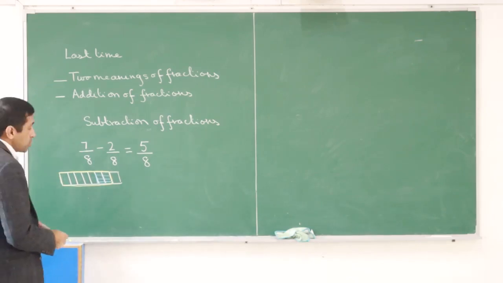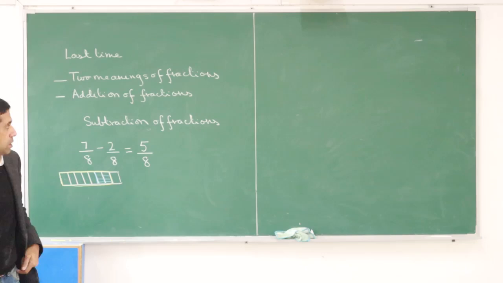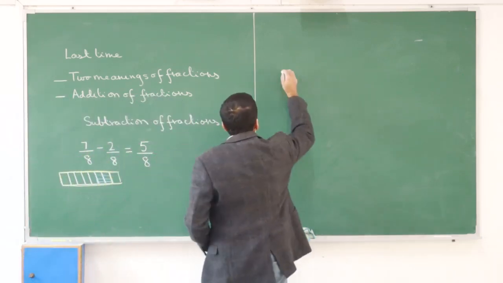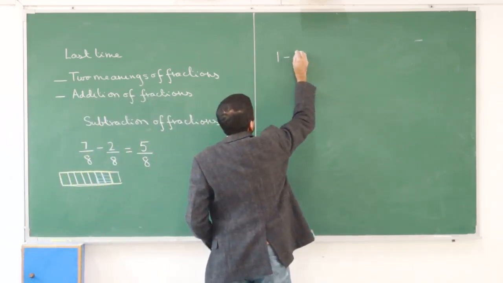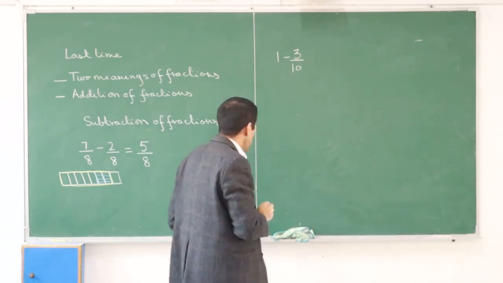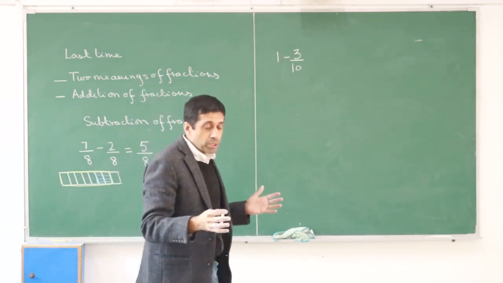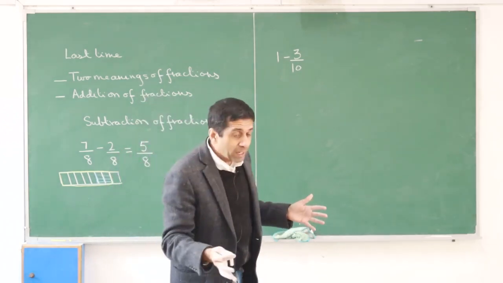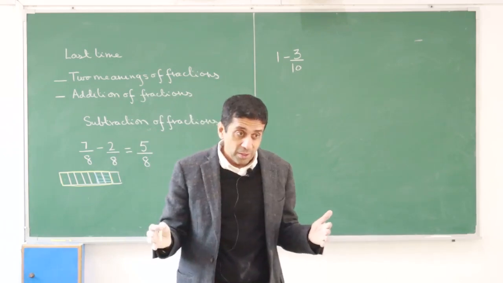Okay. And you can do things like, maybe if you have a whole minus, let's say, 3/10. If I have a whole and I want to subtract away 3/10, the whole is like 10 over 10.